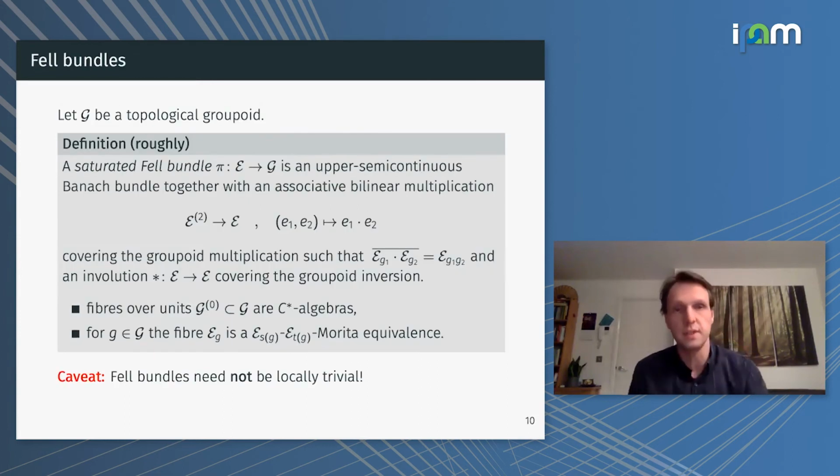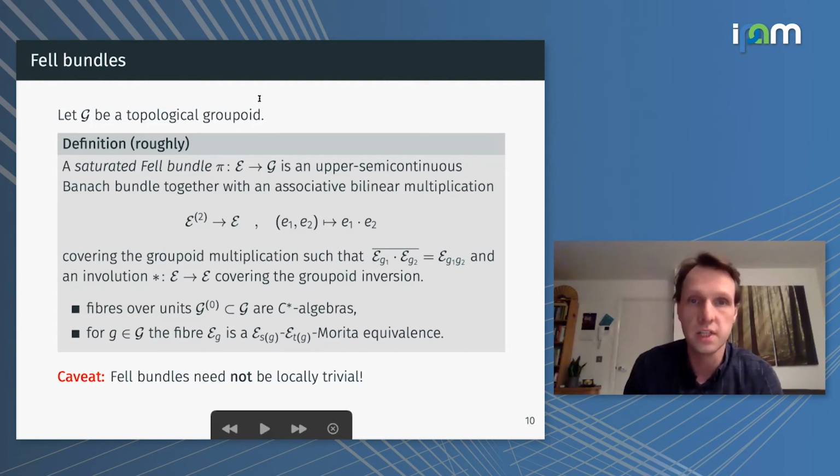We have an example, and this arises from Fell bundles. So here's my one slide explanation of what a Fell bundle is. You start with a topological groupoid, G, and then I will only explain what saturated Fell bundles are, and I only roughly explain that. So a saturated Fell bundle is given by an analytic version of a bundle, namely an upper semi-continuous Banach bundle, E, over my groupoid.